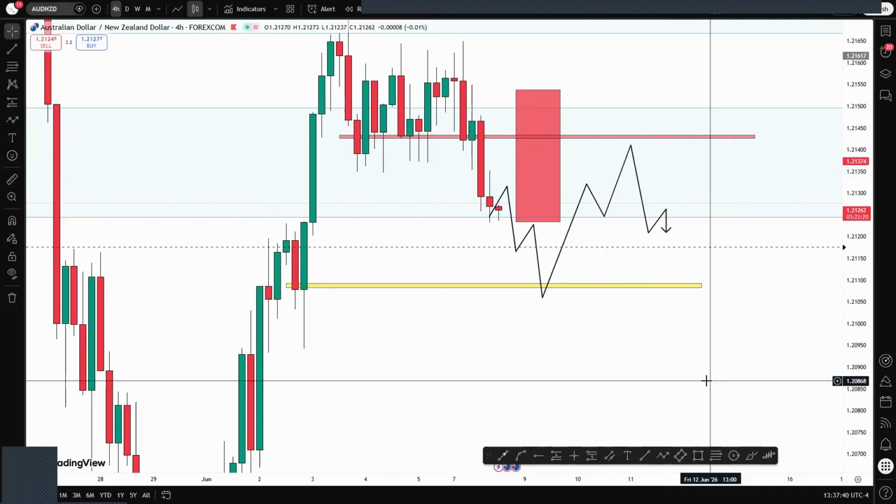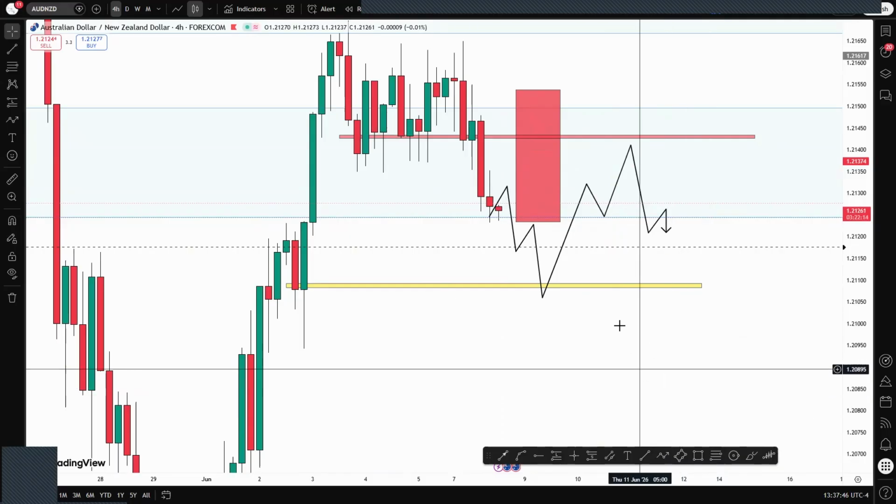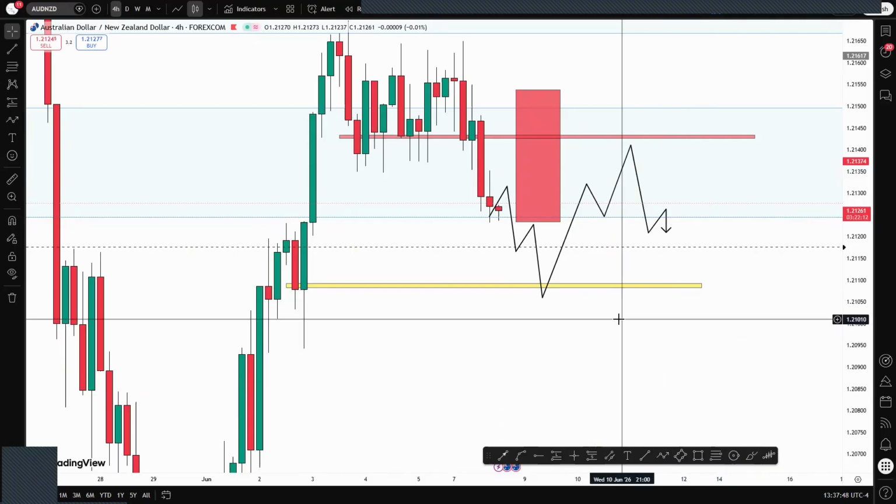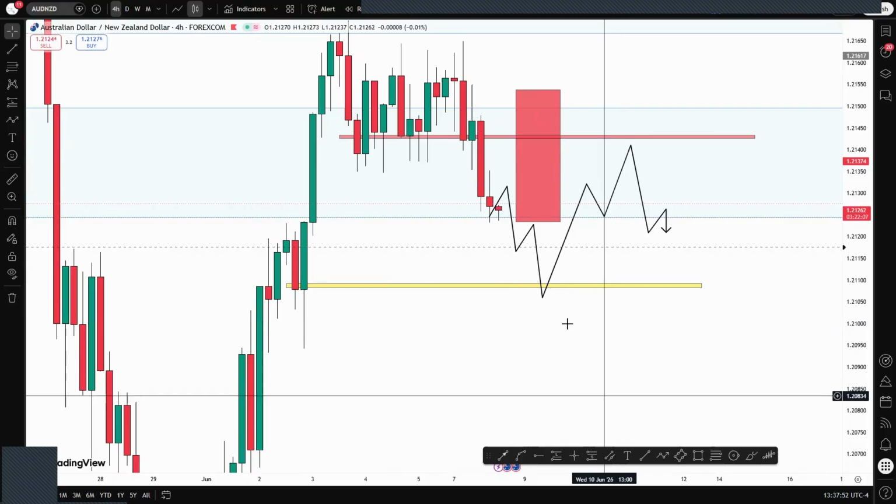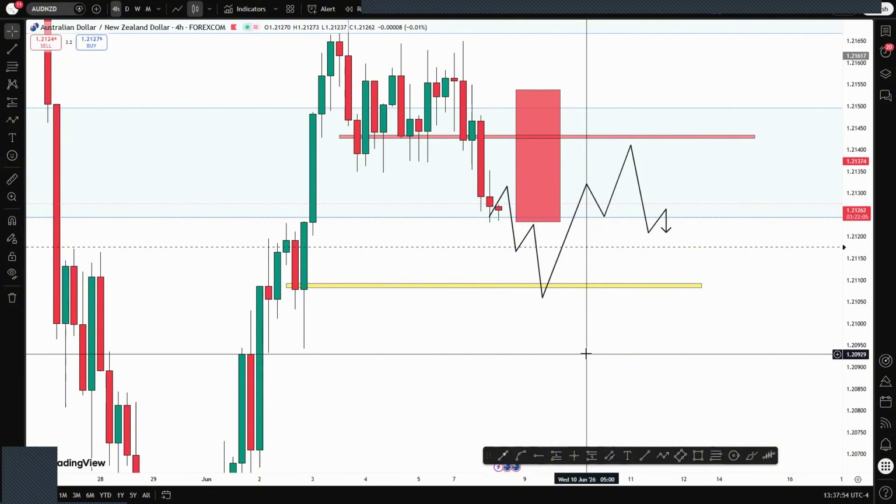But now let's just wait for the daily to close. When the daily closes, we'll be able to deal with the 4 hour time frame nicely. But right now, all we can do is just wait for the daily to close and see the real intention of this price.